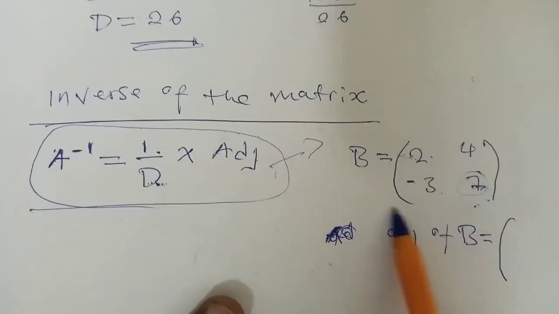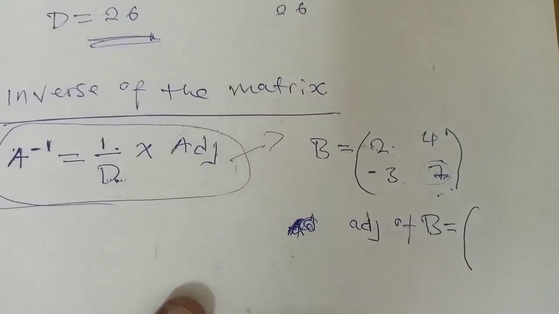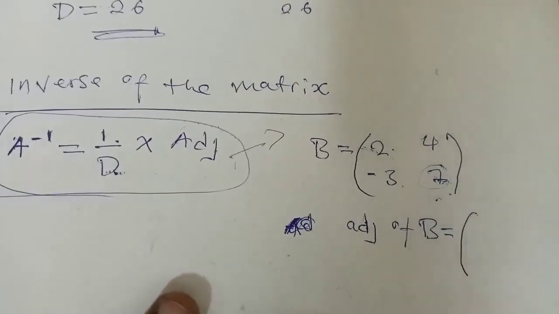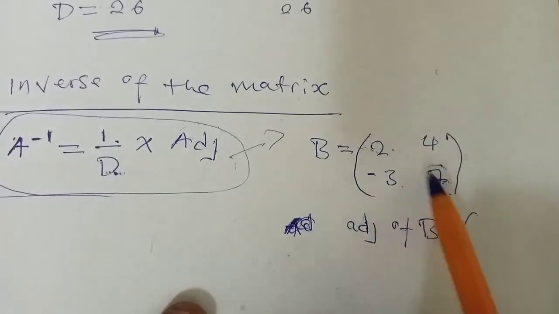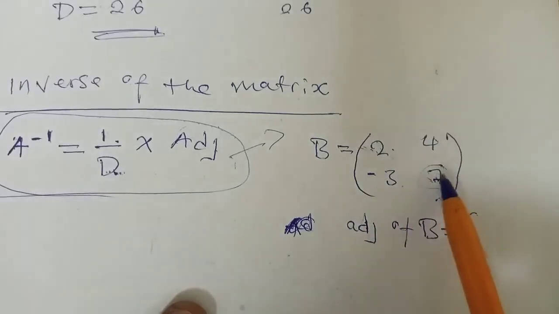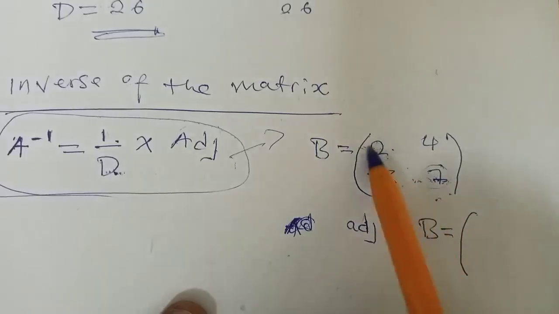So when we're told to find the adjacent of the matrix, if you remember very well, I said that these are the major diagonal, which we defined, and the minor diagonal. The entries on the major diagonal will swap their areas.